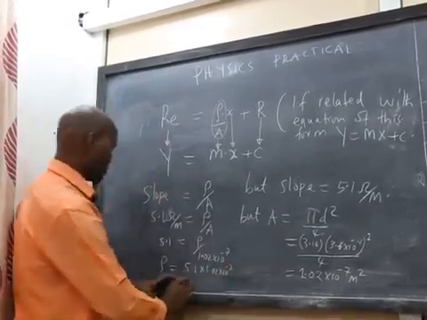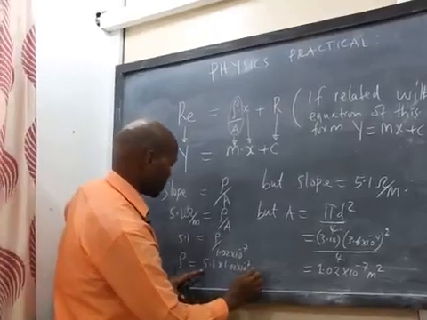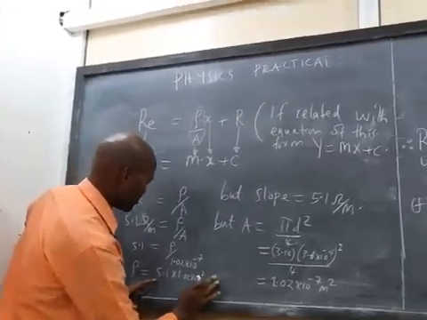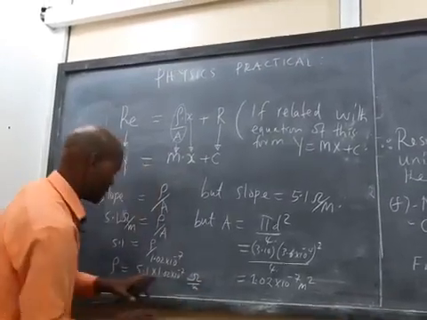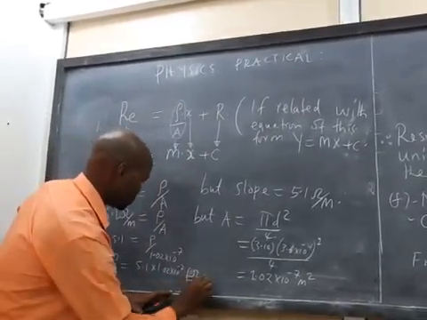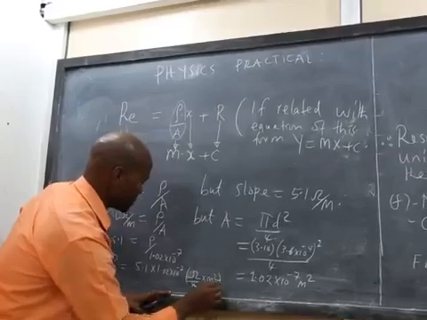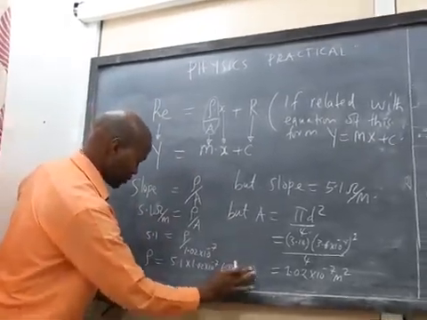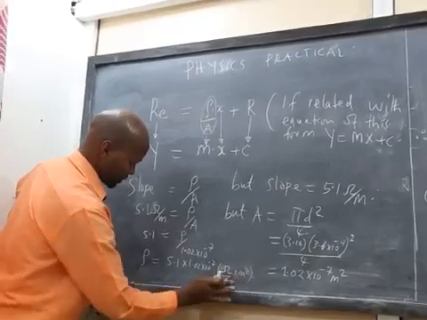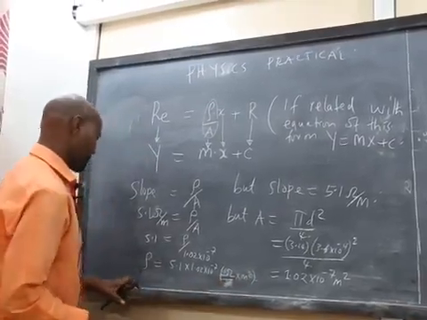Remember units: ohm per meter times area in meter squared, so the meter cancels and we remain with ohm meter.